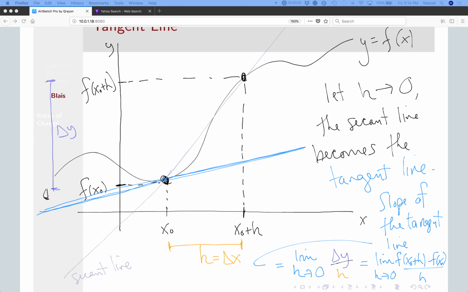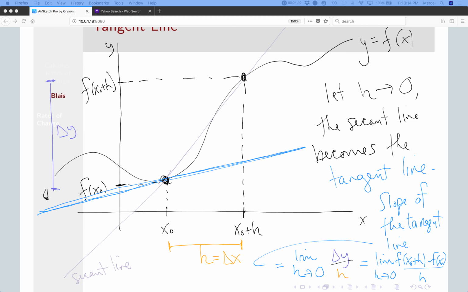And so this is the essential idea behind this entire course. And you can see how the idea of limit is crucial, because when we want to go from average rates of change, secant lines, to instantaneous rates of change, we need to use this tool of limit on that slope of the secant line.